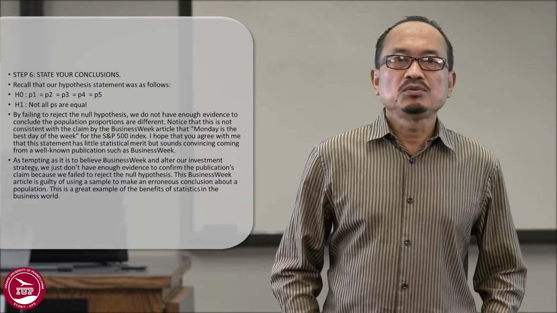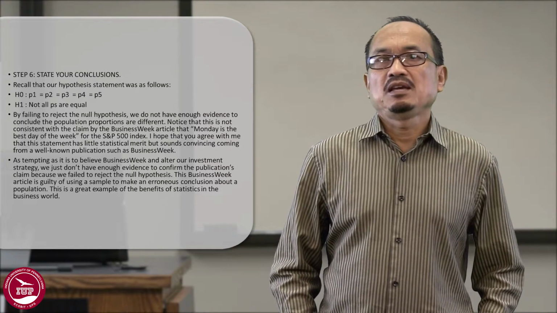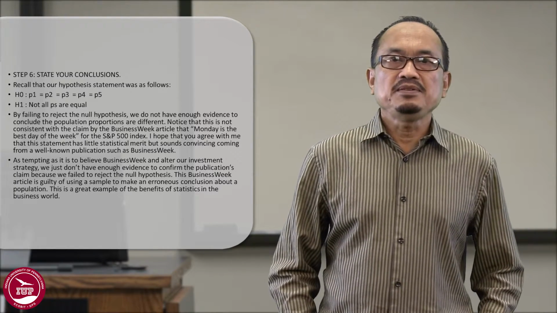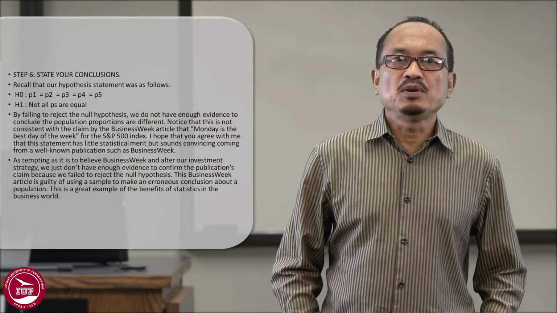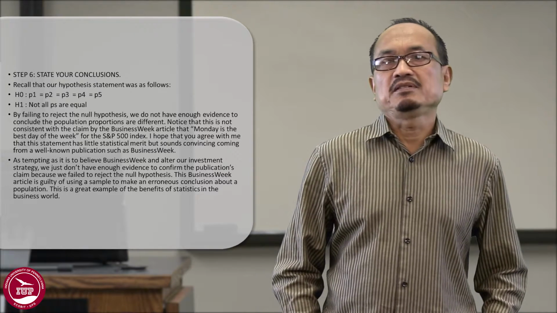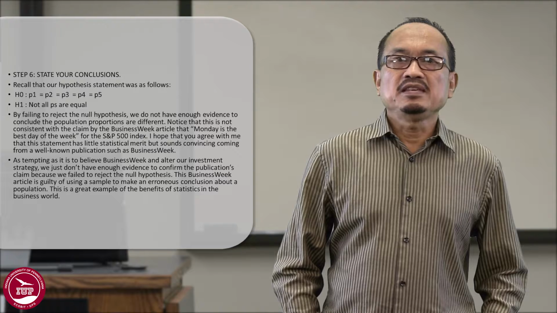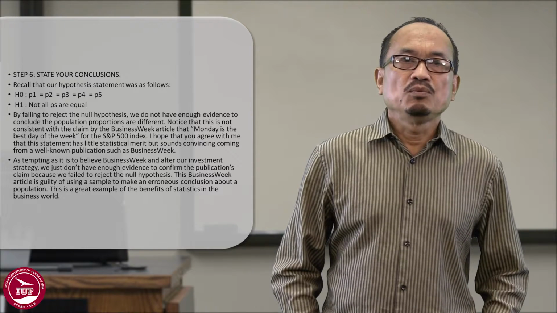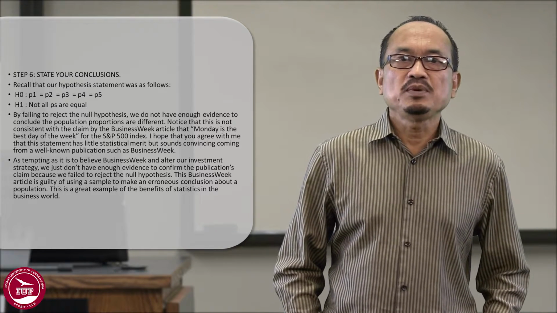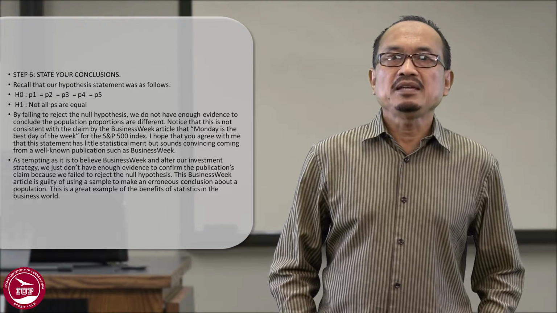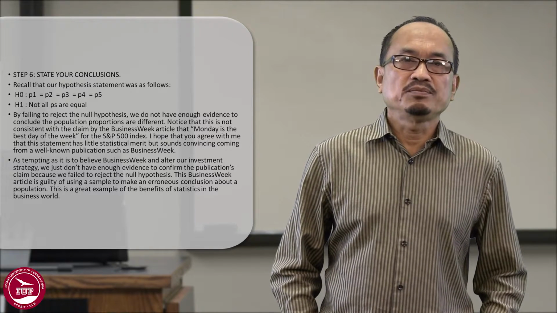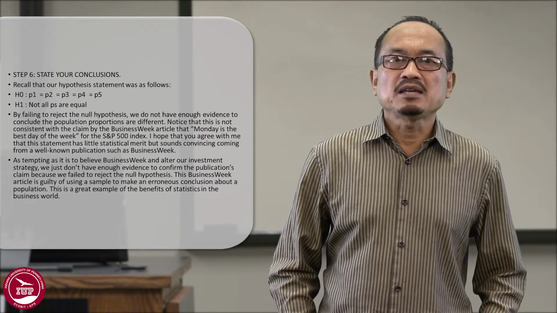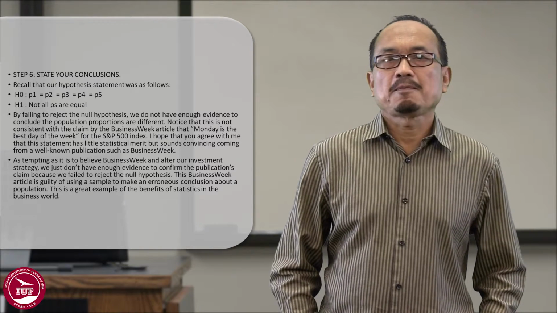By failing to reject the null hypothesis, we do not have enough evidence to conclude the population proportions are different. Notice that this is not consistent with the claim by the Business Week article that Monday is the best day of the week for the S&P 500 index.